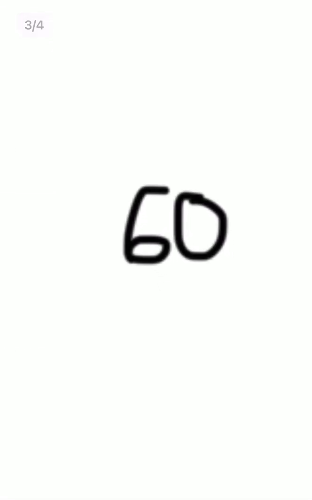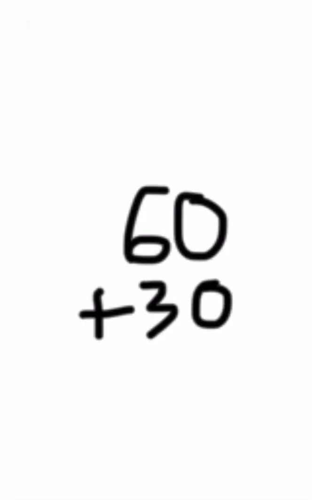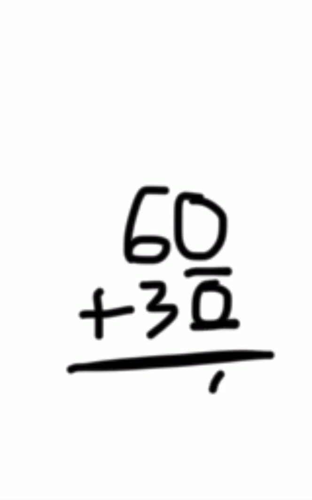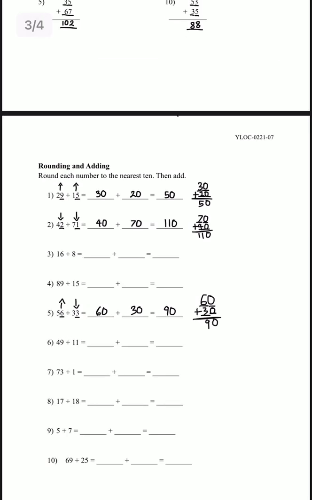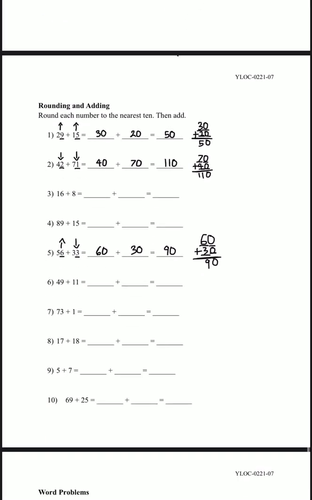And 60 plus 30 would be 0 plus 0 is 0, and 6 plus 3 is 9, so it would be 90.